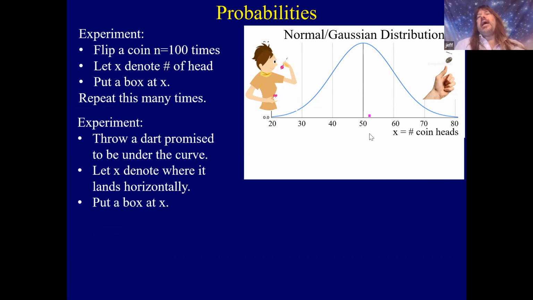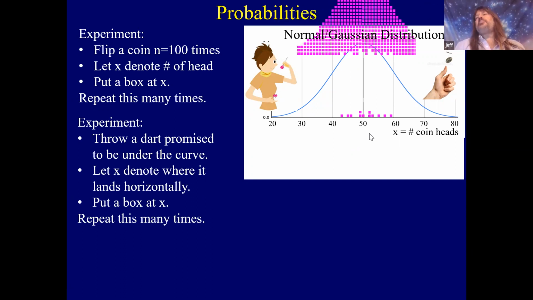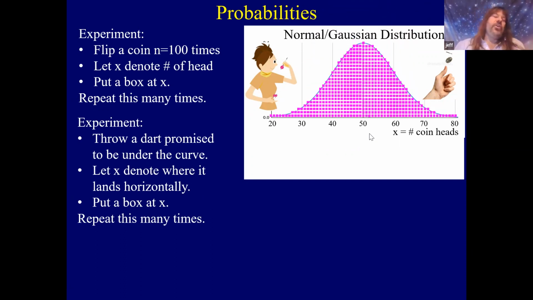You repeat that process, throwing darts at random places in the area, and if you keep doing that, you're going to fill the whole area, hitting every place sort of equally likely. It's basically the same distribution we talked about before.